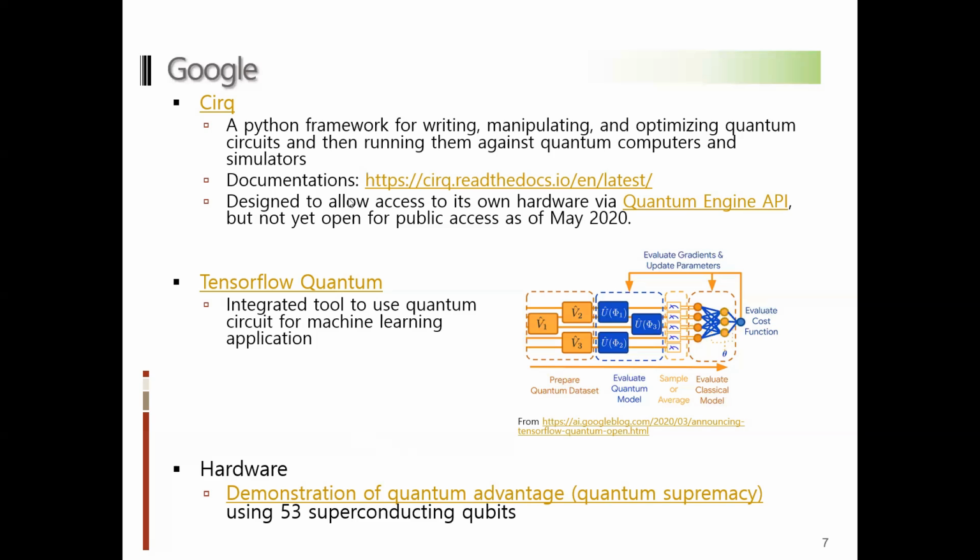Another framework Google introduced, almost 1 year ago, was the combination of TensorFlow and Cirq. Their intention is to allow people to utilize the performance of quantum circuits or quantum computing to study machine learning, or vice versa: when we are developing quantum technology, we can also use the capability of TensorFlow or machine learning.